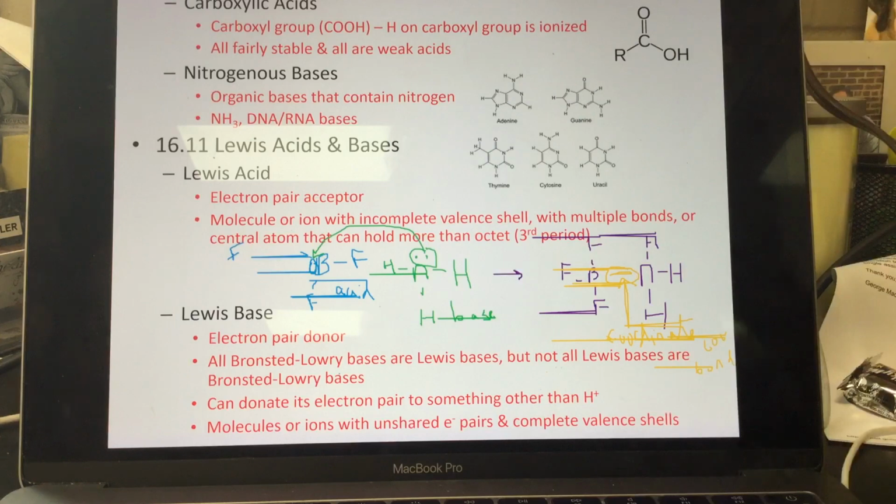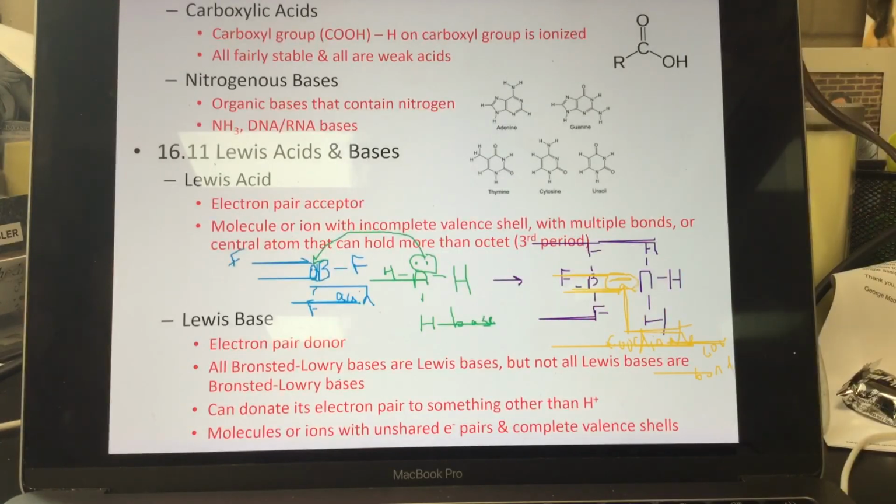So that's the other thing you can look for: if you draw out the structures of a compound that's already formed, you can look for where two electrons came from the same element, where there was a coordinate covalent bond, and that shows then that we have a Lewis acid-base situation.